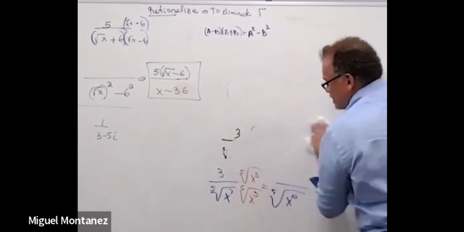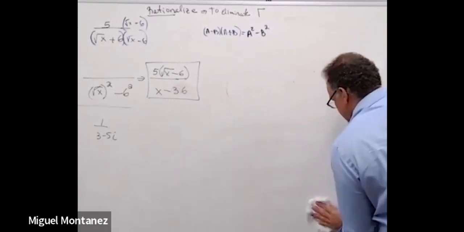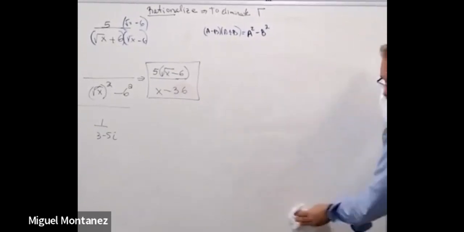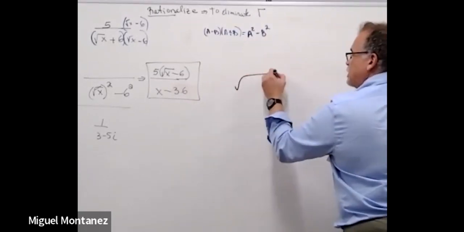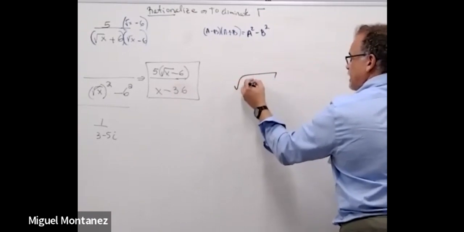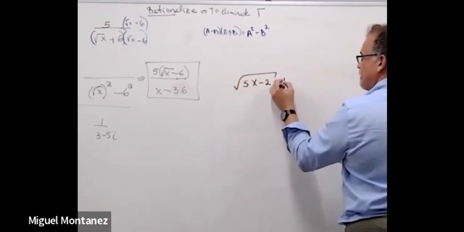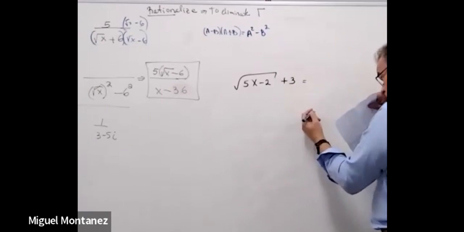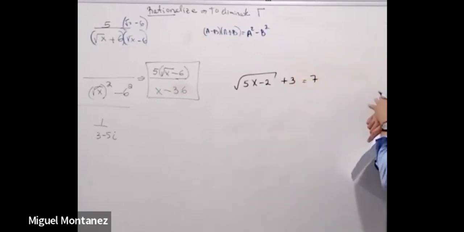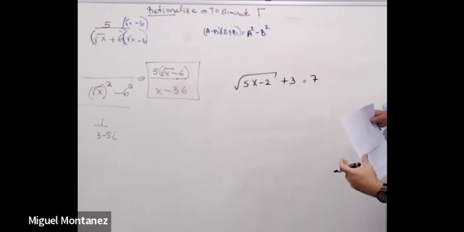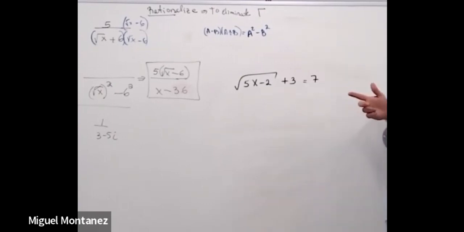So even the way it gets recorded, I'm using this. Let's see. If I have the square root of 5x minus 2 plus 3 equals 7.